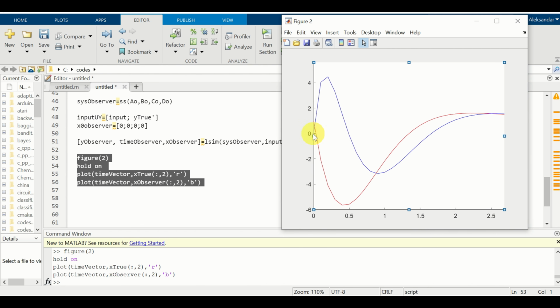And this is the state of the observer. The state of the observer starts from 0, and first it has some overshoot. However, after some time it approaches the state and it asymptotically tracks the state. Perfect. This is very, very important. This means that our observer is actually properly designed.